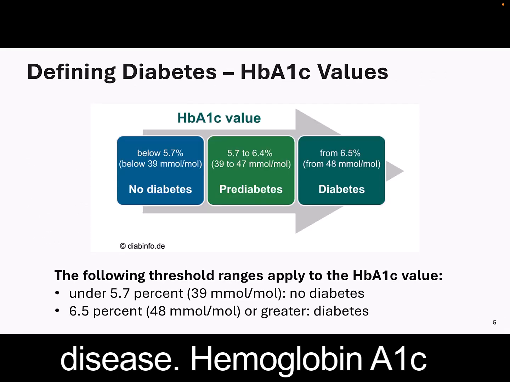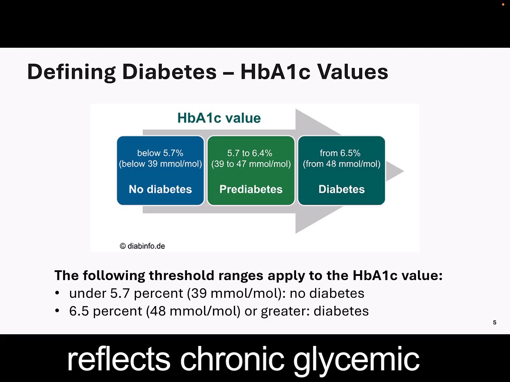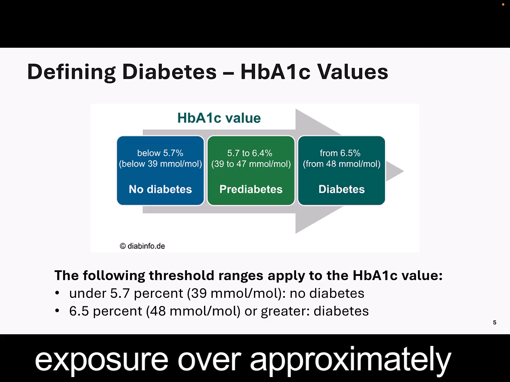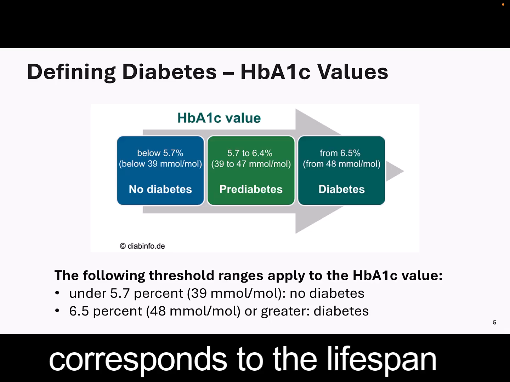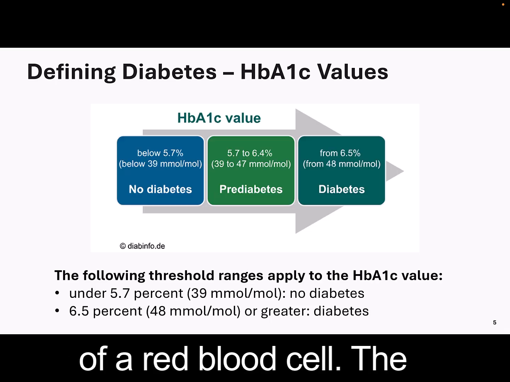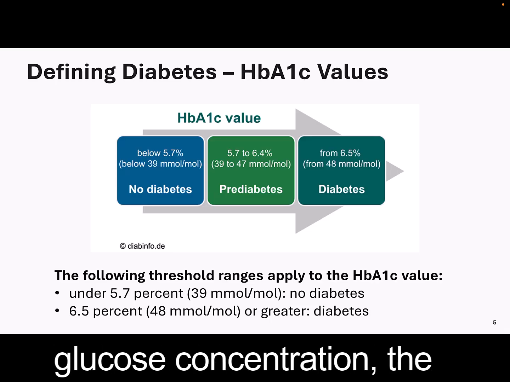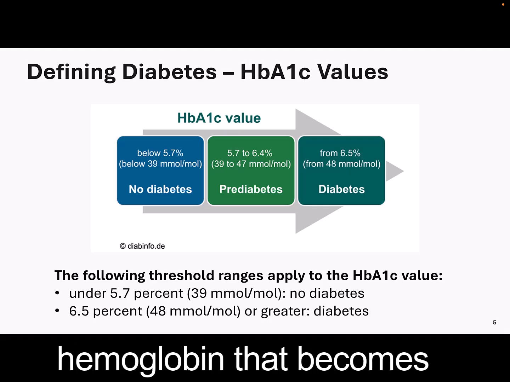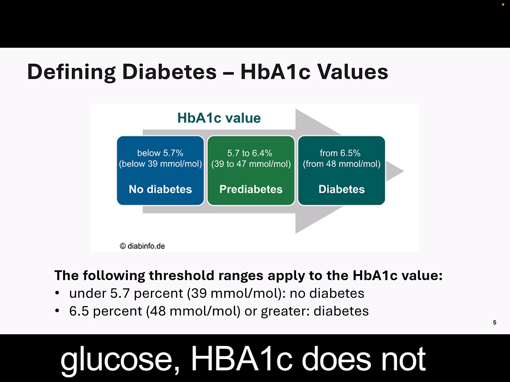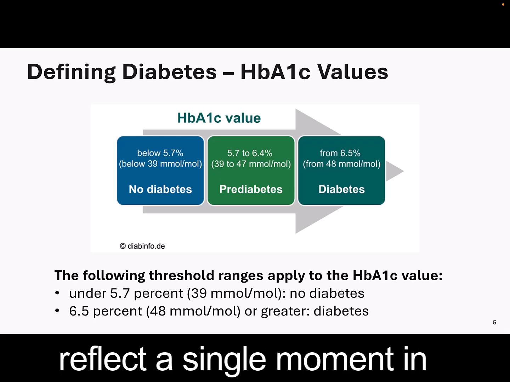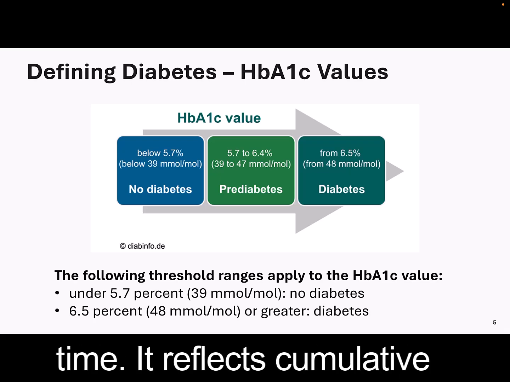Hemoglobin A1C reflects chronic glycemic exposure over approximately 8 to 12 weeks, which corresponds to the lifespan of a red blood cell. The higher the average plasma glucose concentration, the greater the fraction of hemoglobin that becomes glycated. Unlike fasting glucose, HbA1c does not reflect a single moment in time.